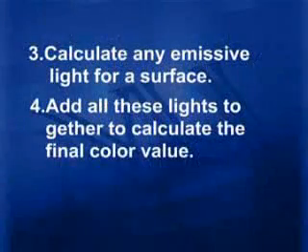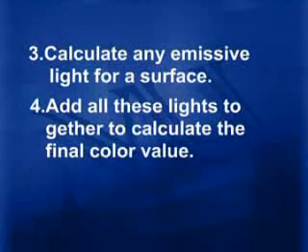Third step, calculate any emissive light for a surface. So wherever there is a scene requirement that we come up with a glowing effect for a specific object in the scene, we will be calculating the emissive light for that surface. And the fourth step would be to add all these lights together to calculate the final color value.